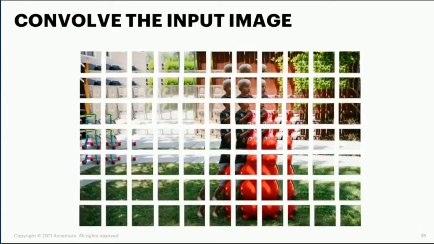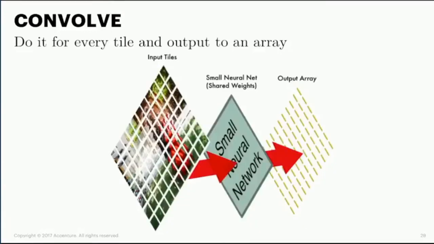The interesting thing with convolutional neural networks is there's a guy called Yann LeCun who wrote the initial paper on them, and initially they weren't seized upon straight away, but there have been various competitions to try and improve the performance of image classification tasks, and these have come out as the model of choice for those problems. So you do it for every tile, and you output, and then you just keep doing more and more layers of the neural network.